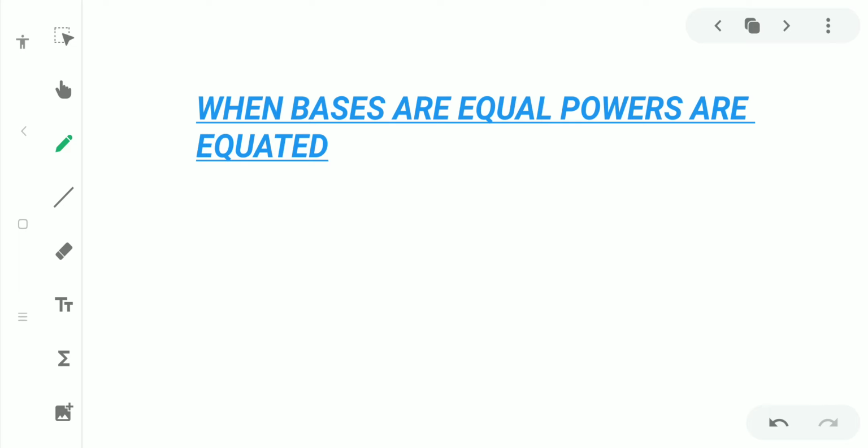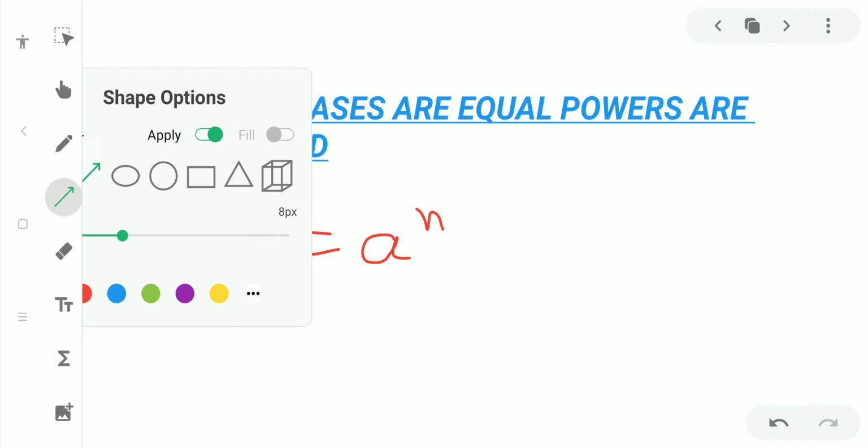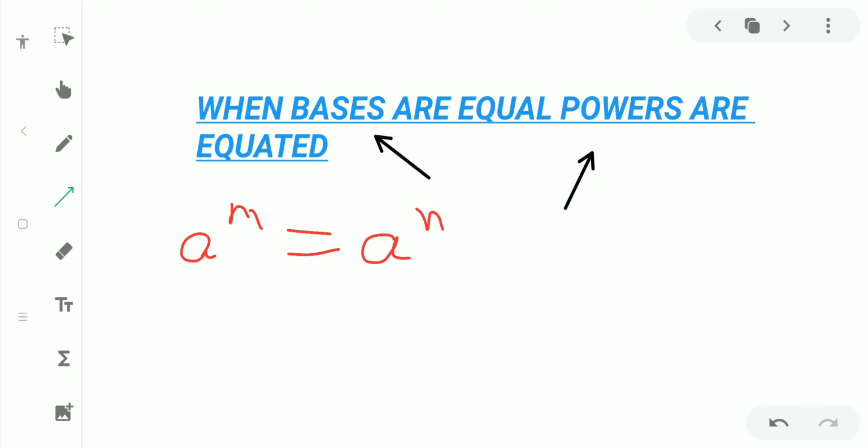So I will take a power m is equal to a power n. So what do the terms bases and powers mean?